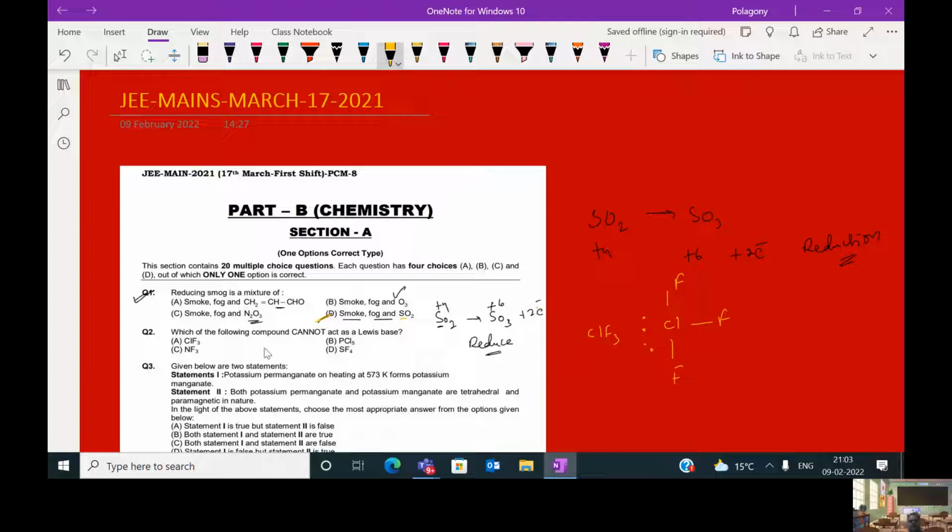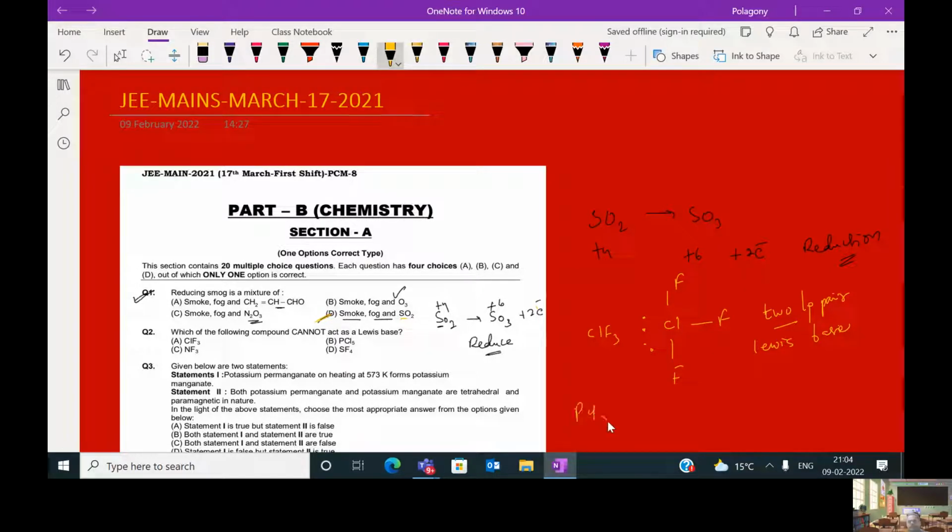Which of the following cannot act as a Lewis base? Since ClF3 contains 2 lone pairs, we can consider it a Lewis base, because it is ready to donate 2 lone pairs of electrons.